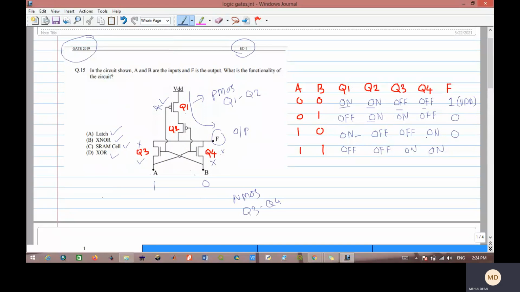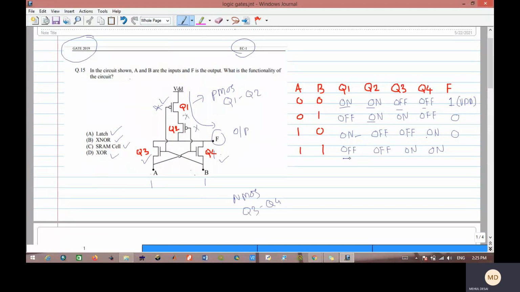Now the last condition, when both inputs are 1 1. Q3 is on and Q4 is on, and because of this, Q1 and Q2 are both off.